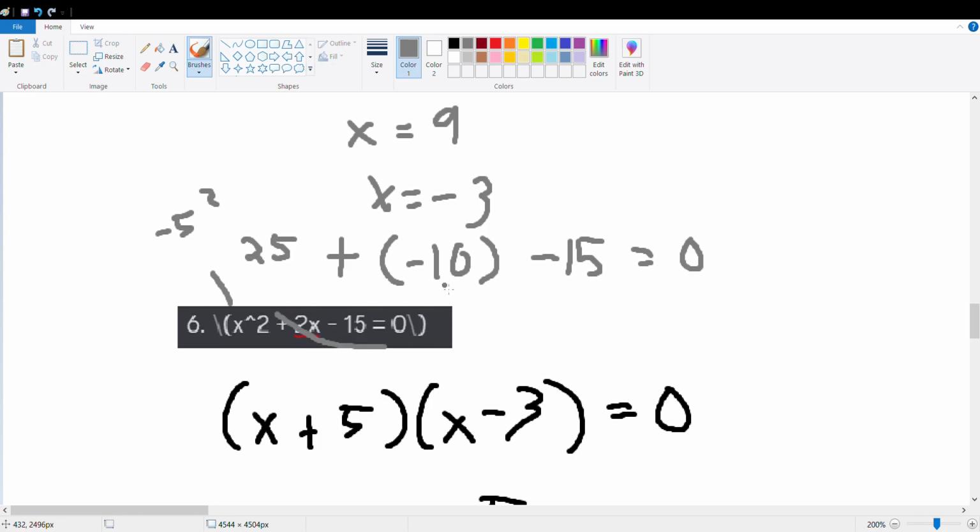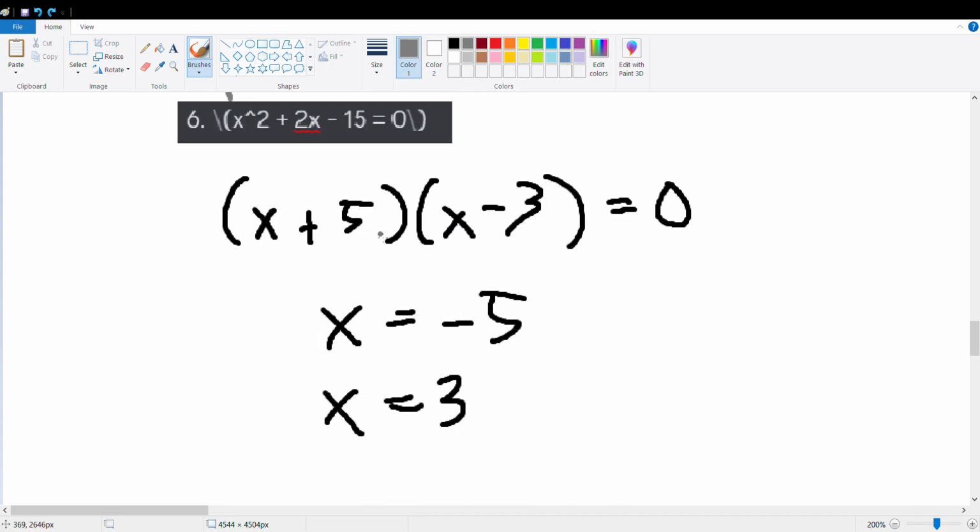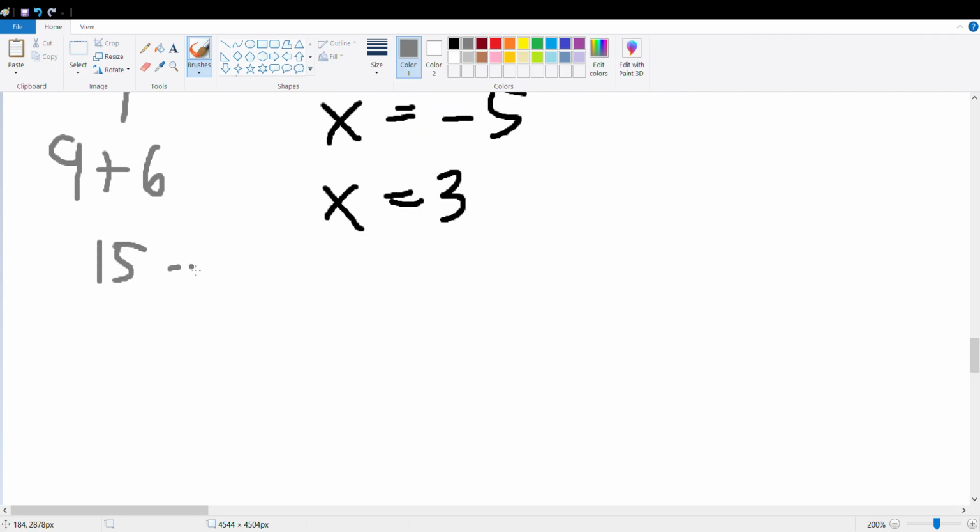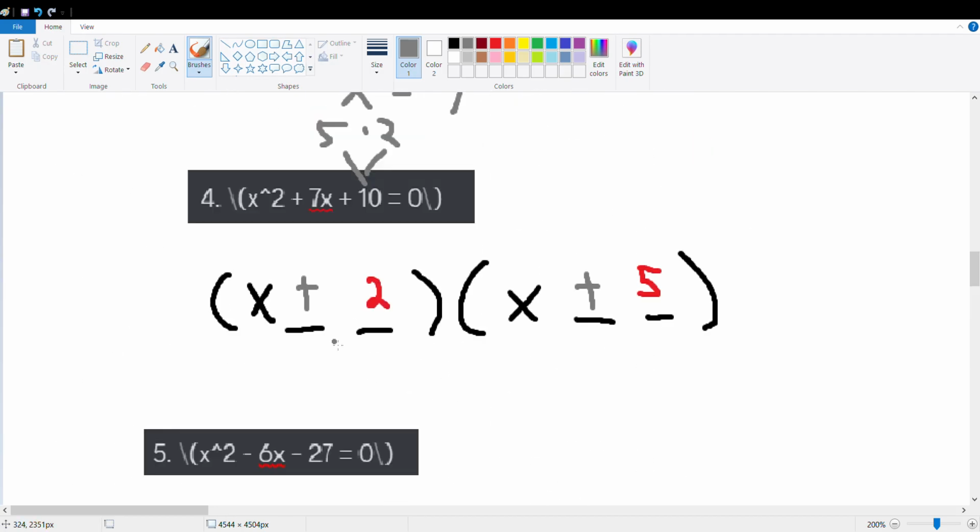So 25 minus 10 is 15, my bad, and 15 minus 15 is 0. And for 3, 3 squared is 9, and plus 6 is 15, minus 15 is 0.